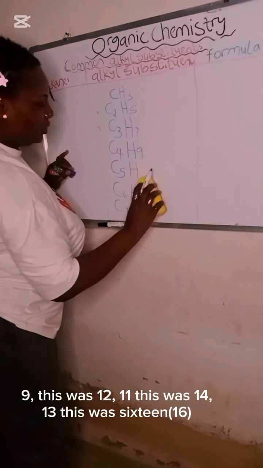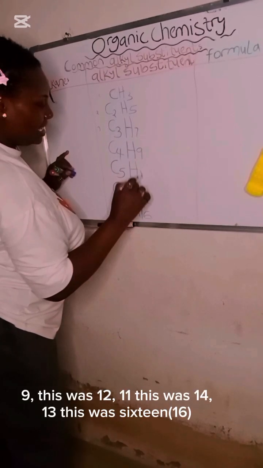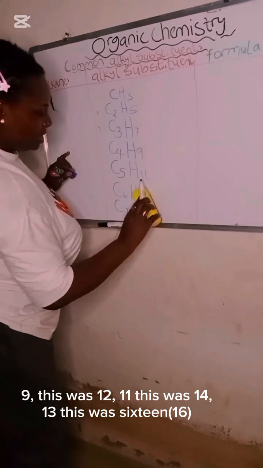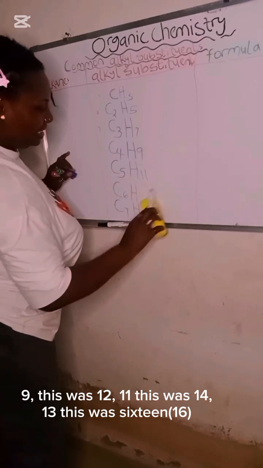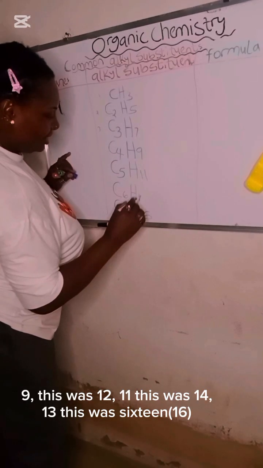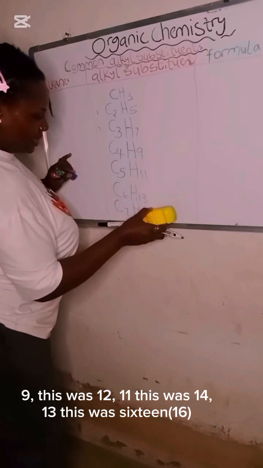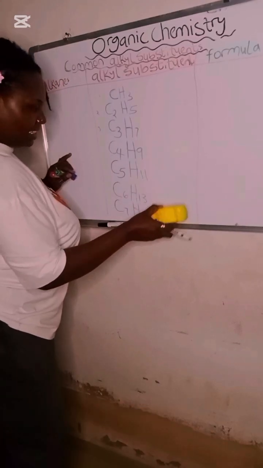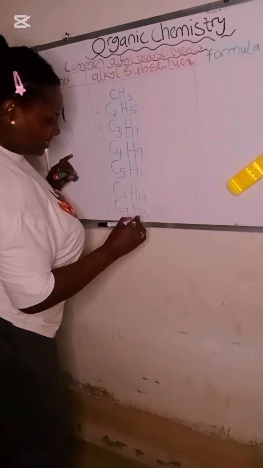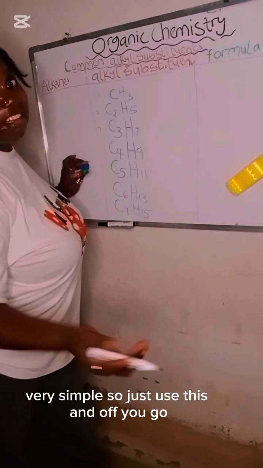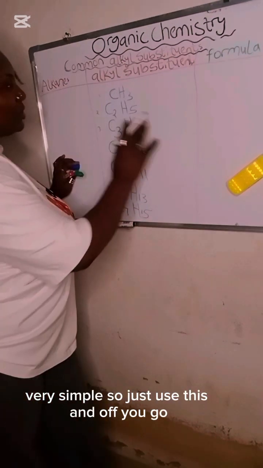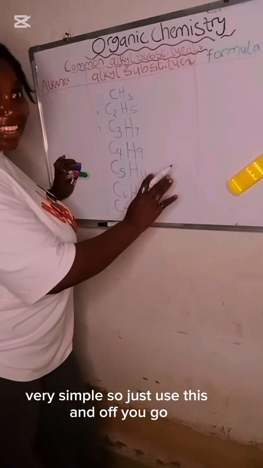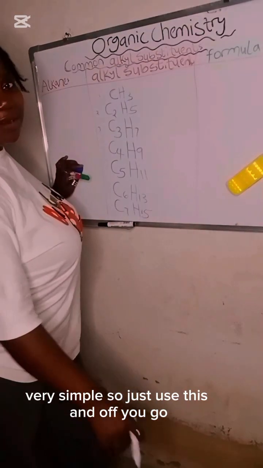This was 12, 11. This was 14, 13. This was 16, 15. Very simple. So just use this and off you go.